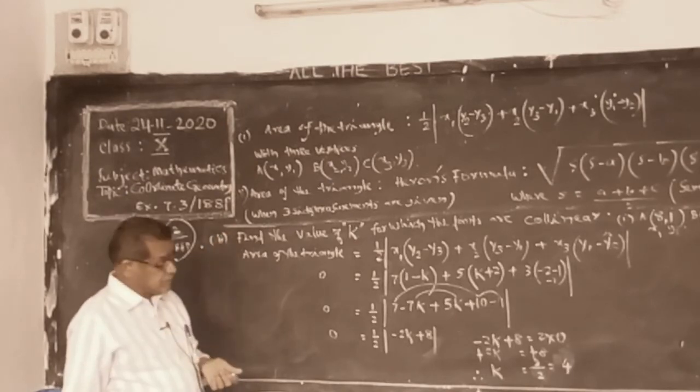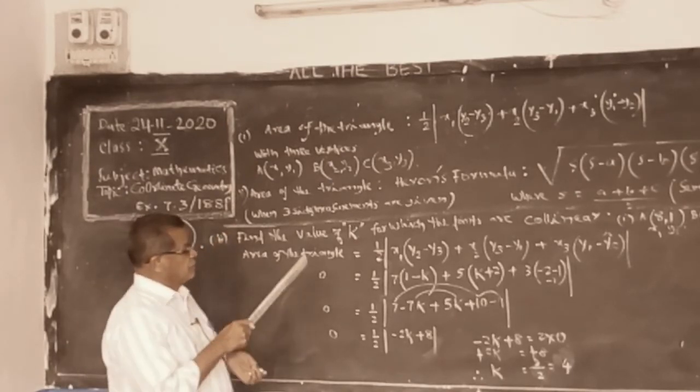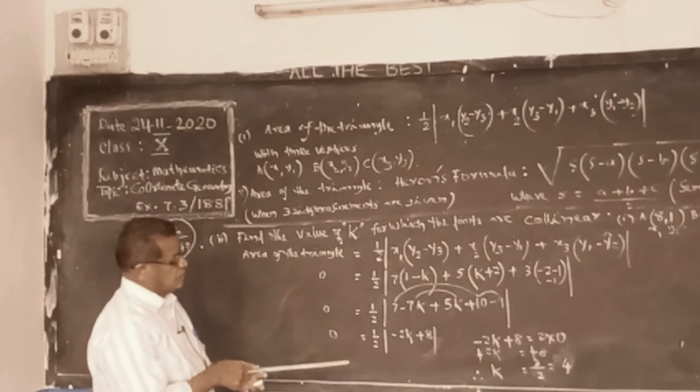Find the value of k for which the points are collinear.